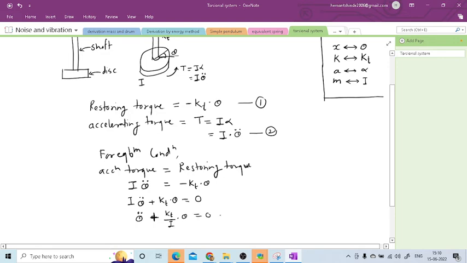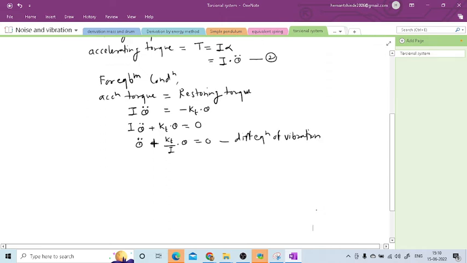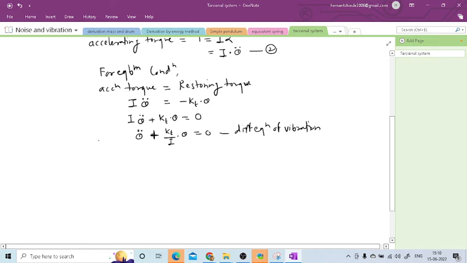So this is nothing but the differential equation of torsional vibration, but we know that the vibration is SHM, so we have to compare this equation with the differential equation of SHM.